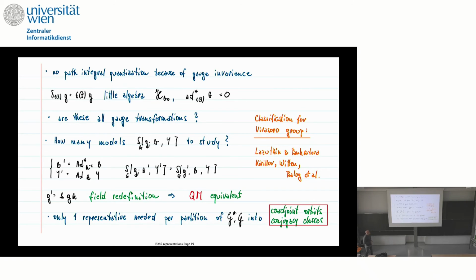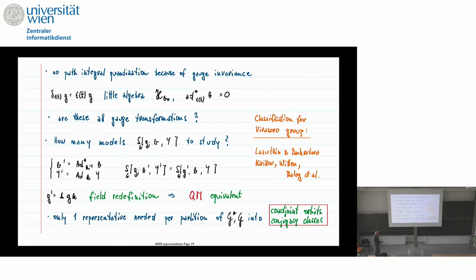And the answer is you don't need to study this model differently, because you know that models are always defined up to field redefinitions. Field redefinitions give rise to equations which are equivalent in the quantum theory and in the classical theory. Right? You can do reparametrization in your Lagrangian formalism, and all solutions are, of course, the same. This is the covariance of the Lagrangian formalism.